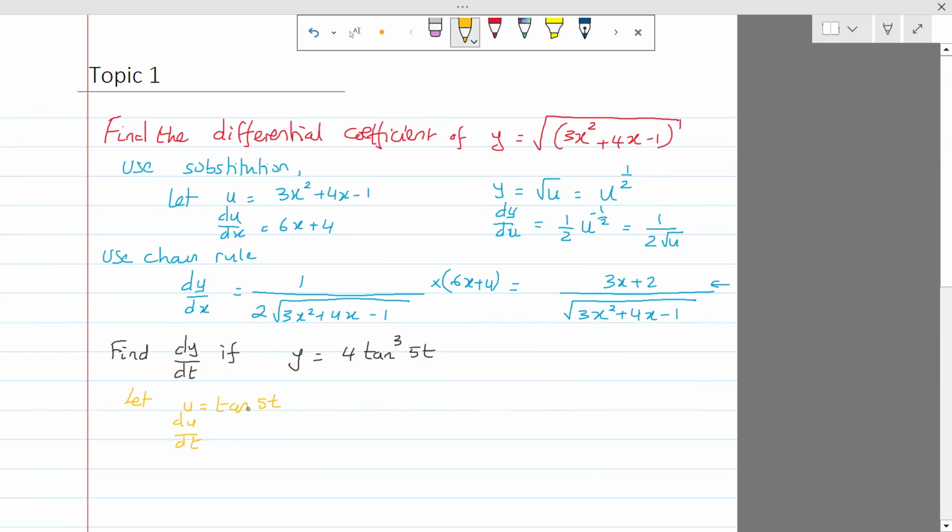Differentiation of tan is sec squared. So this is going to be 5 sec squared of 5t. And then y becomes 4u cubed. So dy by du becomes 12u squared.